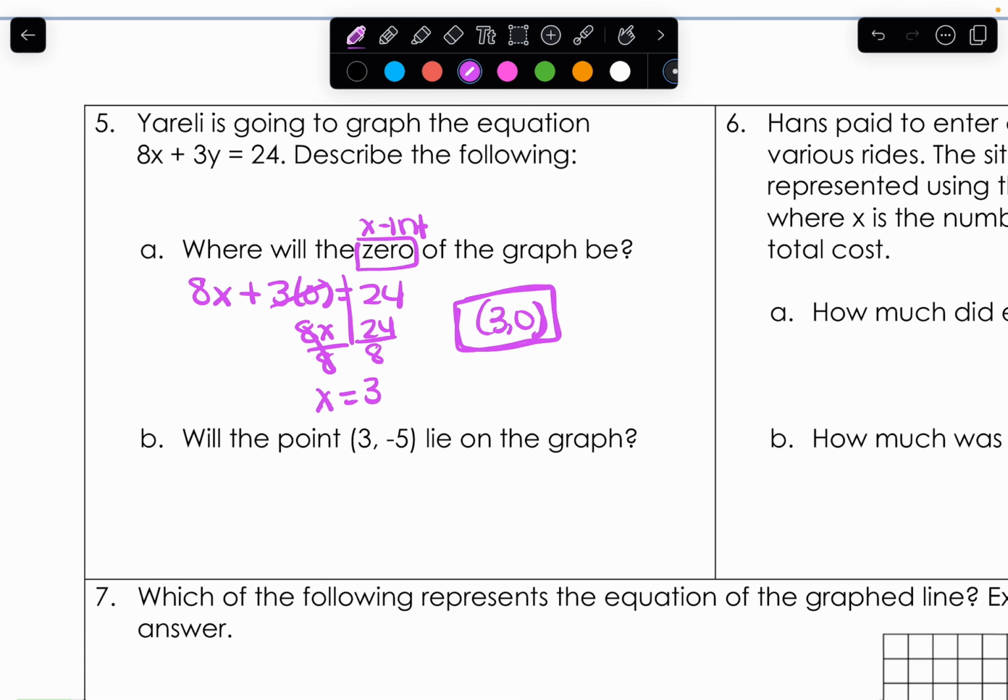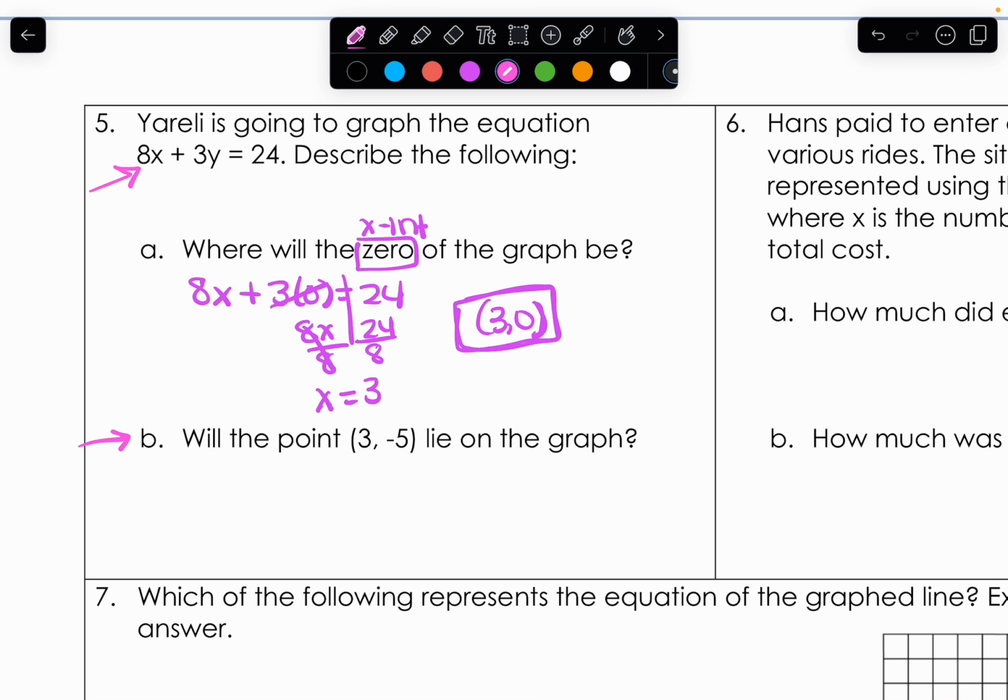Now, to know whether a point will lie on the graph, this has nothing to do with solving for the x and the y-intercept. You're just trying to figure out if this point will end up being on the graph of 8x plus 3y equals 24. When you're presented with the full point that is not an x or a y-intercept, you're not solving for the x or the y-intercept.